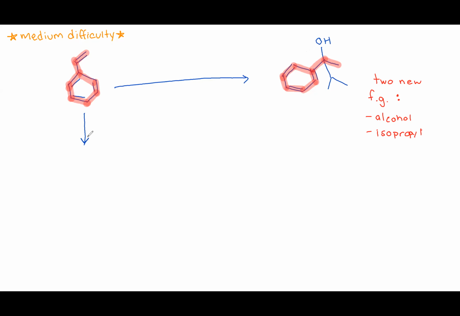Yeah, we're going to want Markovnikov, because we see that our alcohol is added to the more substituted position, and our hydrogen is added to the less substituted position. So yes, we want Markovnikov addition. Now, what reagents should we use here? What reagents can we use to get Markovnikov addition on an alkene?